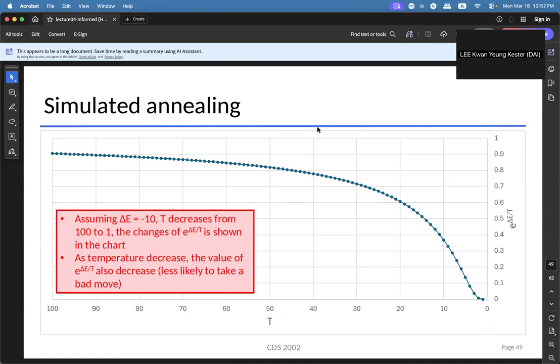But at the end stage of the search, the bad moves are drastically decreased such that it can get locked onto the global maximum or global minimum.